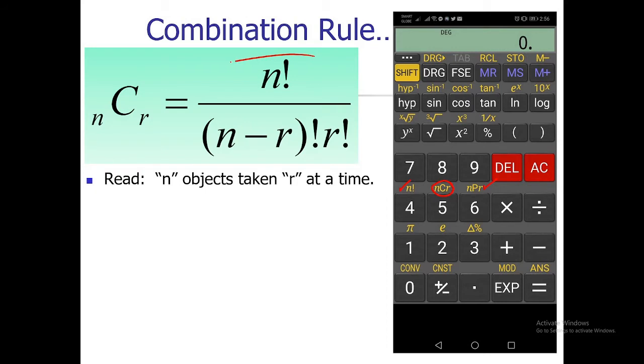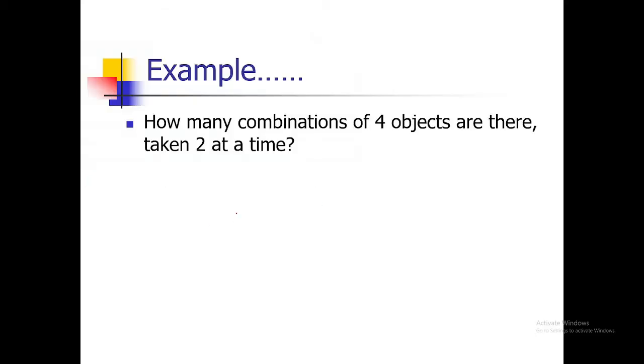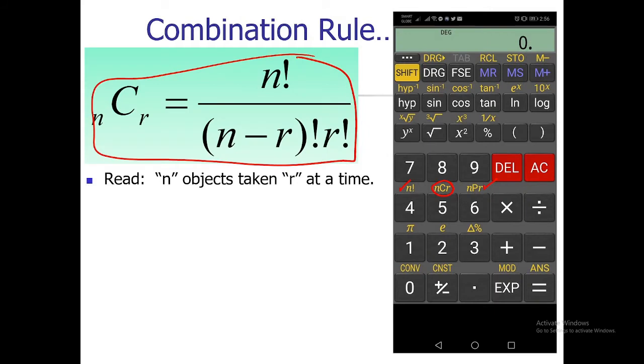Since we will be using a calculator, you will simply input, for example, if you have your calculator with you, kindly compute the combination of 8 taken 6 at a time.